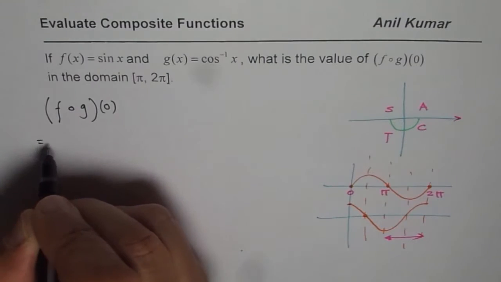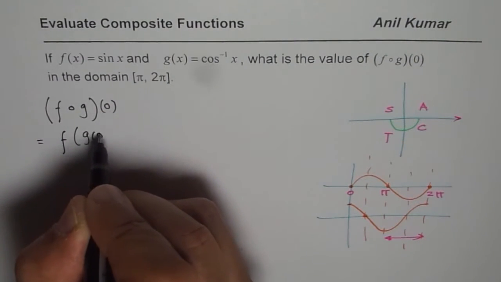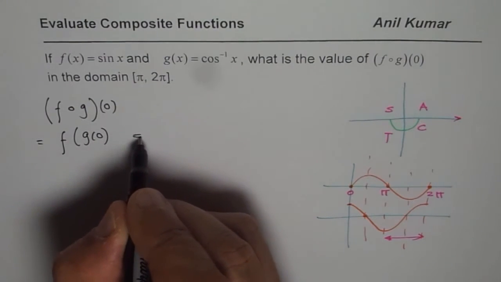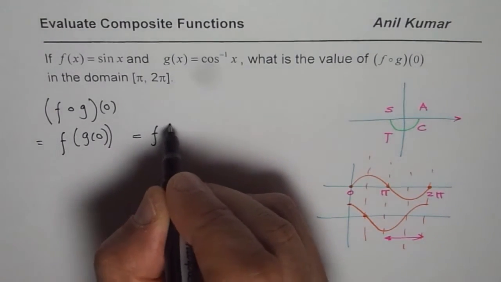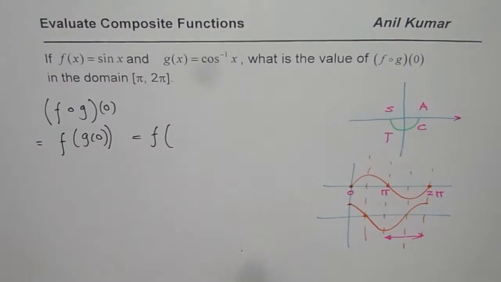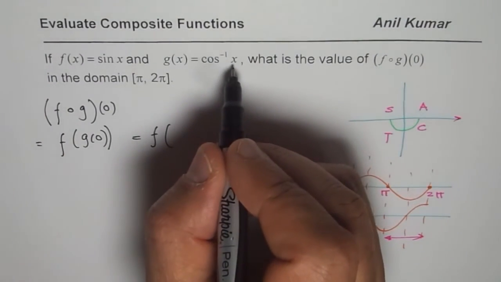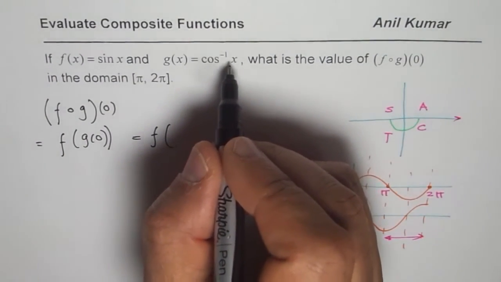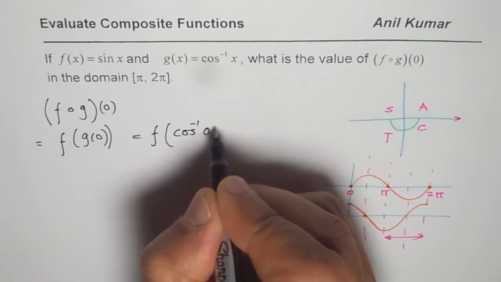So f of g of 0. As far as g of 0 is concerned, cos inverse of x is equal to 0. So we are trying to find when is cos inverse of x 0. So it is cos inverse of 0.